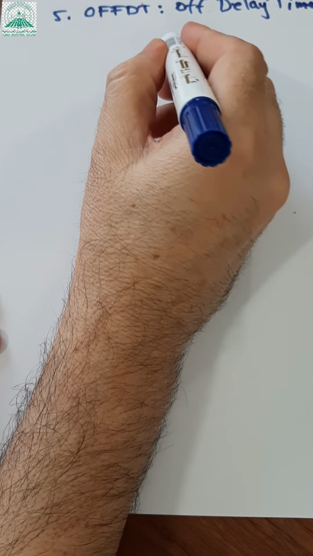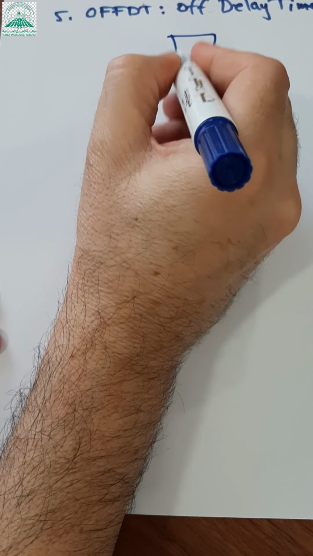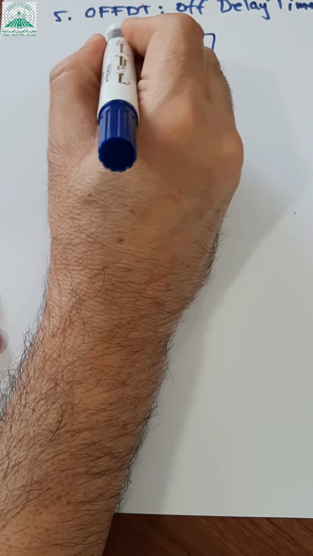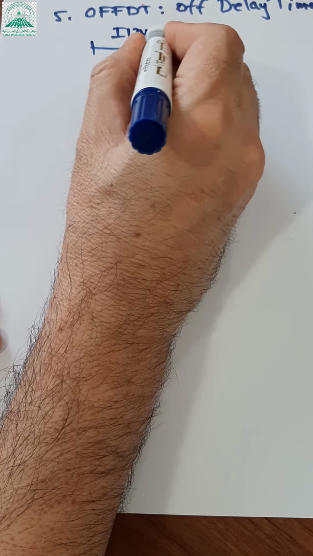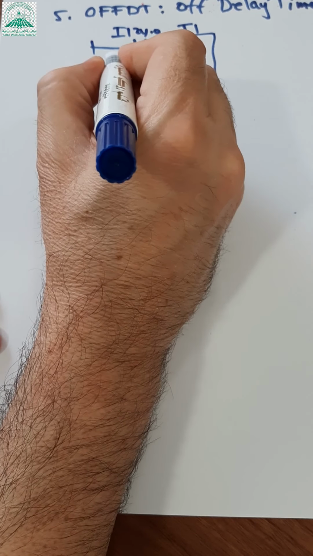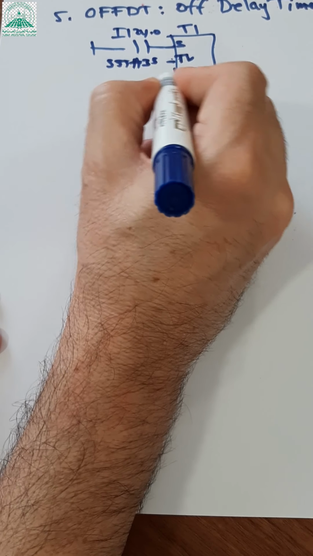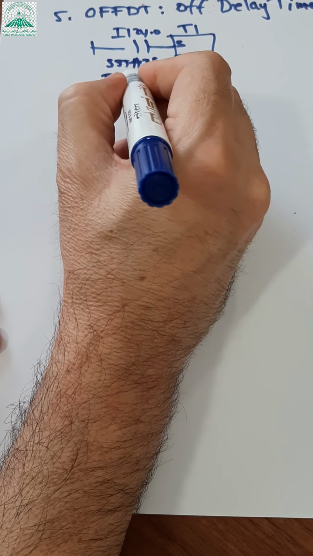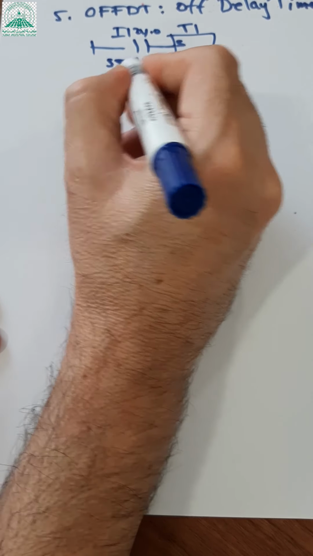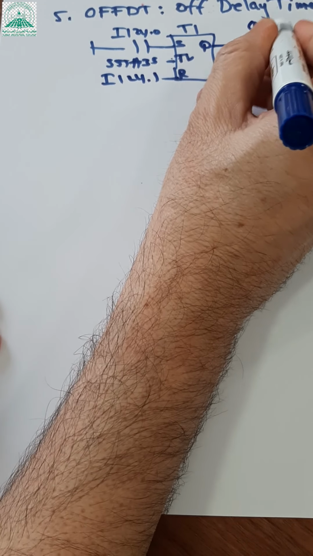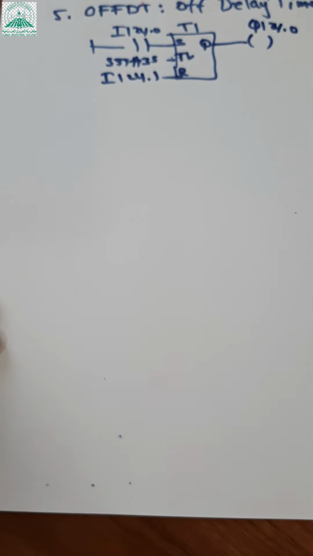We have this block here. This is the timer number. This is S. Again, we have I124.0, TV value S5T#3S, R I124.1, the Q connected to Q124.0.